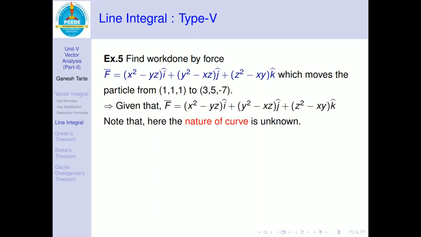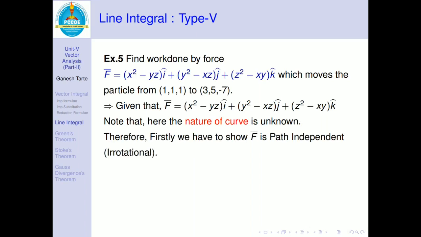So what do we do? Firstly we show that the given vector F bar is irrotational or conservative. What do we mean by a conservative vector? It is path independent. If the given vector is path independent, we can integrate that vector directly and use the given points as limiting values. So firstly we show that it is irrotational.